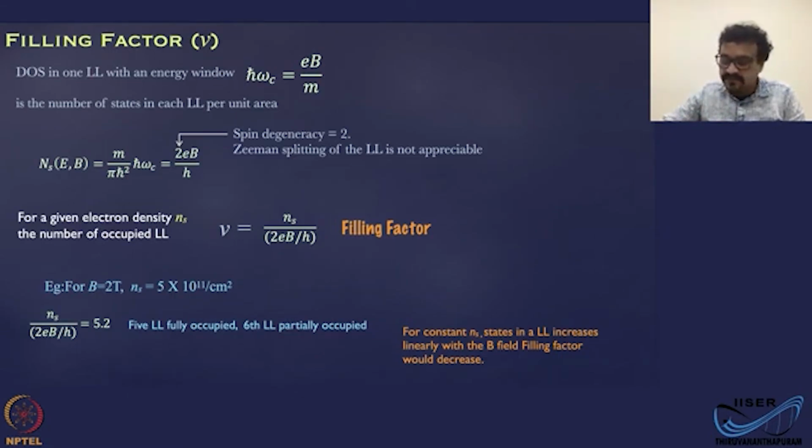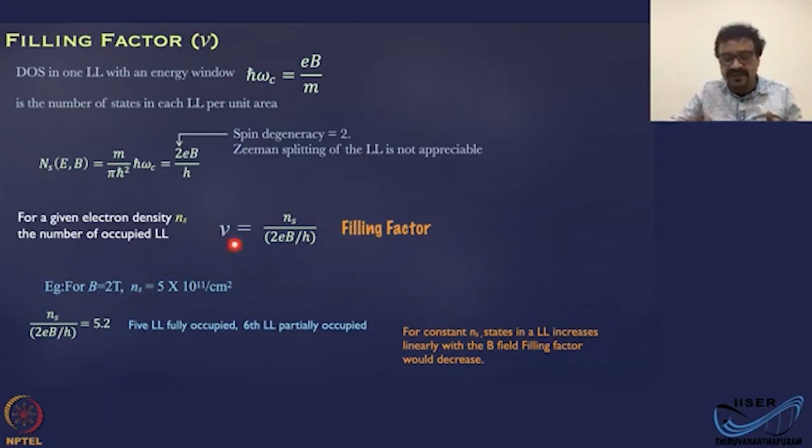So we can also say that the filling factor is inversely proportional to the magnetic field. This is also easy to see because when you increase the field, the Landau level area will increase. I mean, the number of states in that Landau level also will increase.